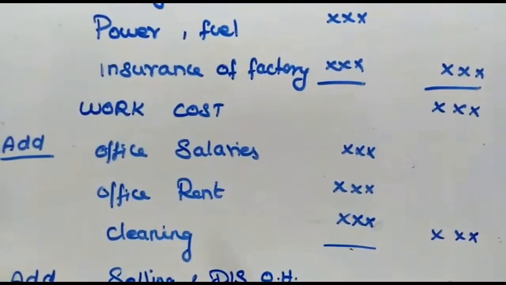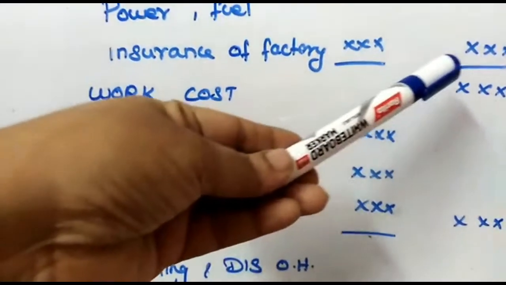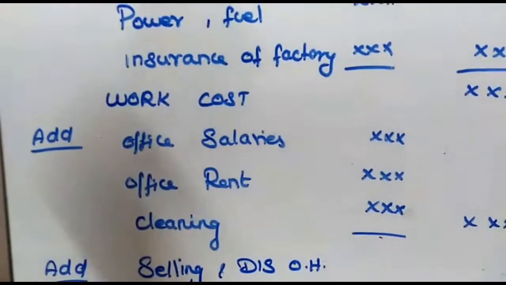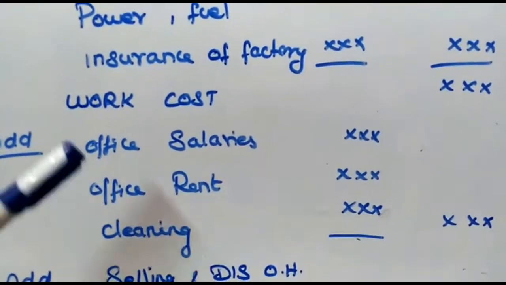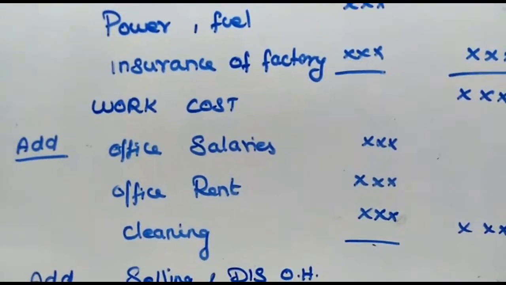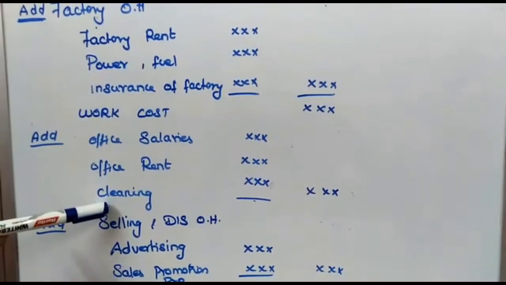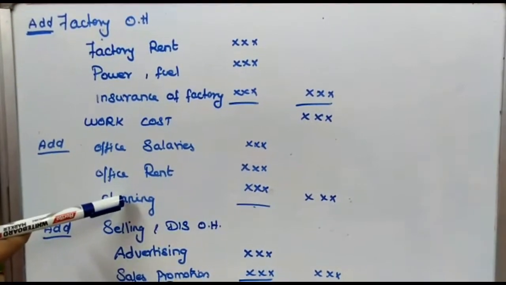After adding these expenses in the inner column, we will put the amount at the outer column. After that, we will add that amount to the prime cost. We will get the work cost. In the same way, we do it for the administration overhead and also for the selling and distribution overhead. After adding these administration expenses to the work cost, we will get the cost of production.